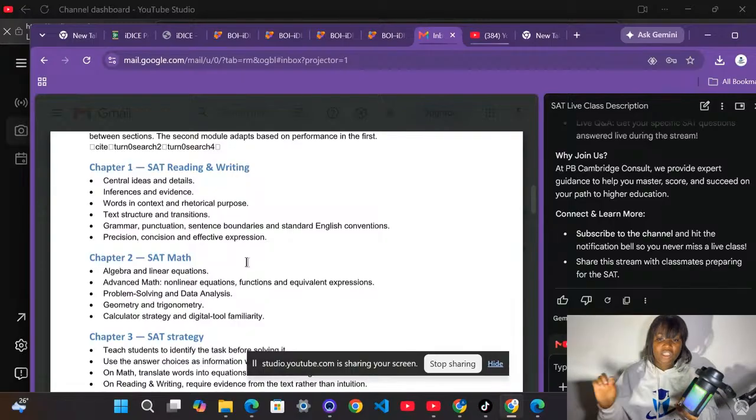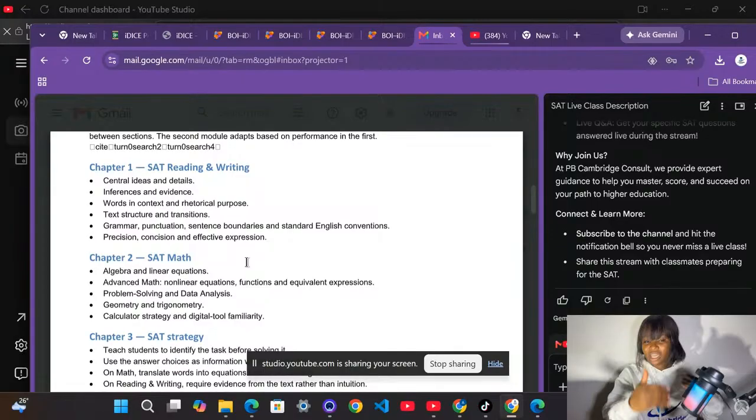If you're a secondary school student in Nigeria, to be precise, you have to make sure you take further maths in your senior secondary, because that's going to give you an edge to be able to ace the SAT maths when you get out of secondary school.